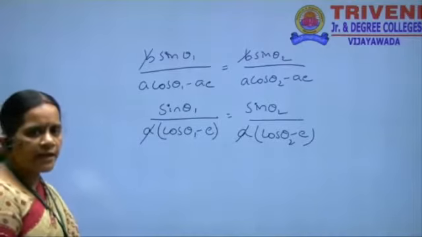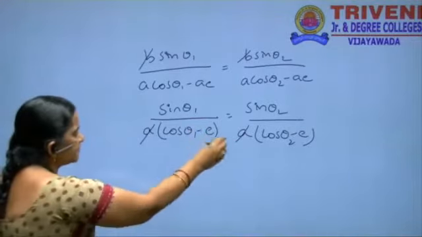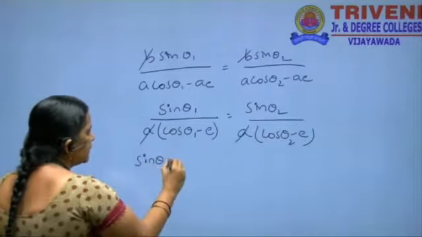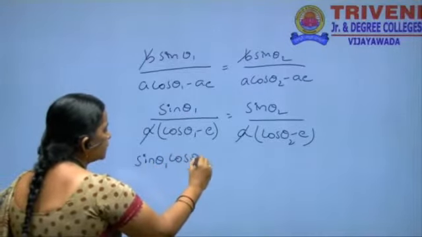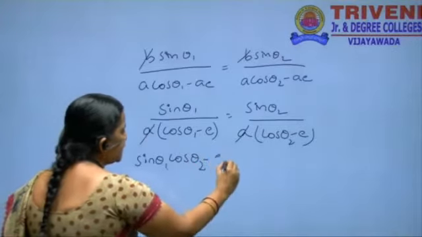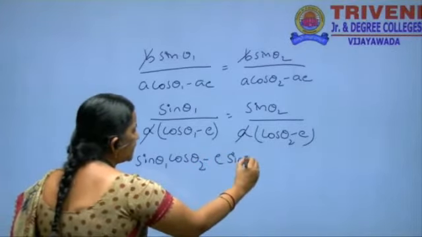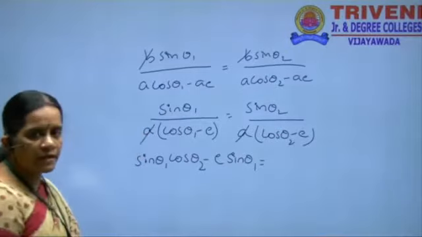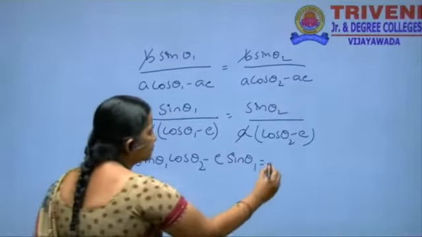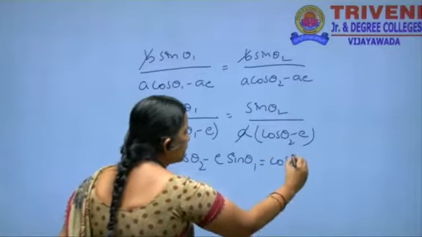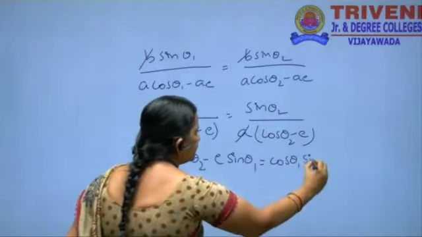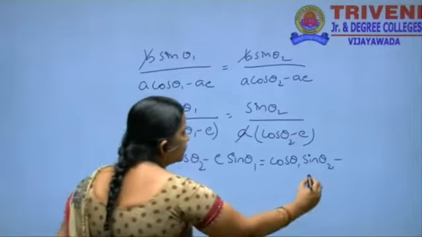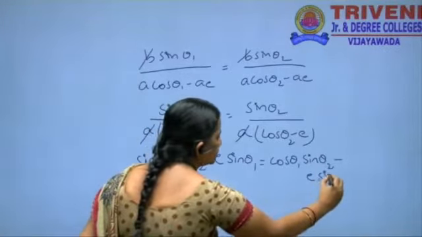By cross multiplication we get sin theta 1 into (cos theta 2 minus e) is equal to cos theta 1 into sin theta 2 minus e into sin theta 2.